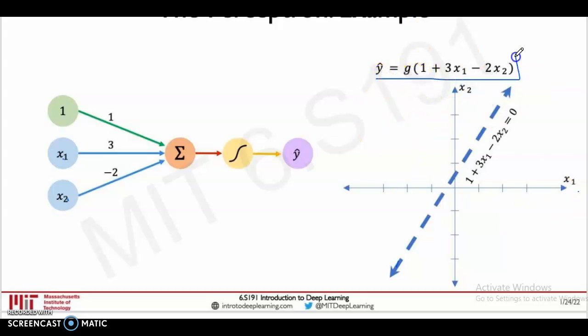So we got y cap equal to g of 1 plus 3x1 minus 2x2.